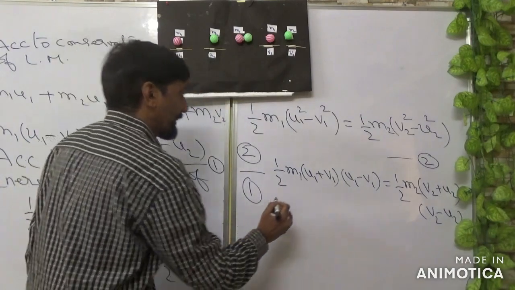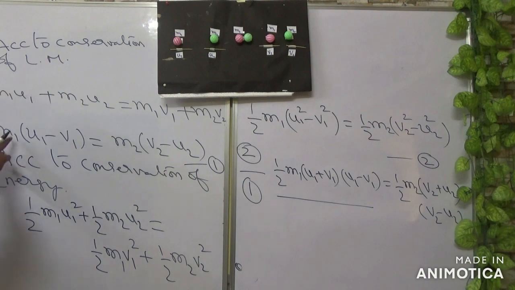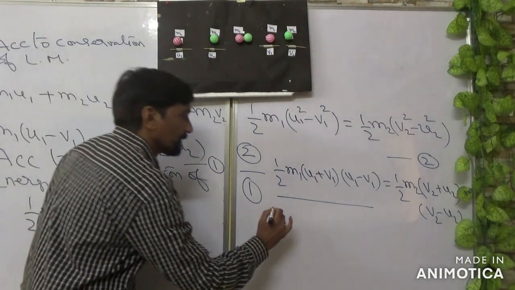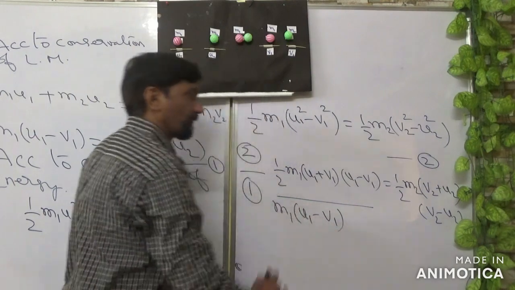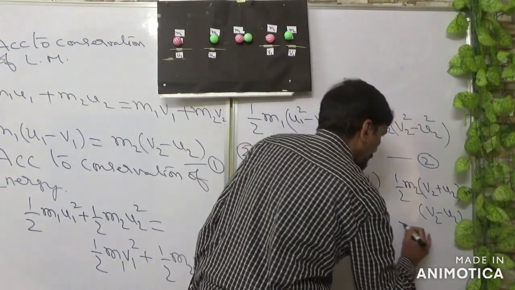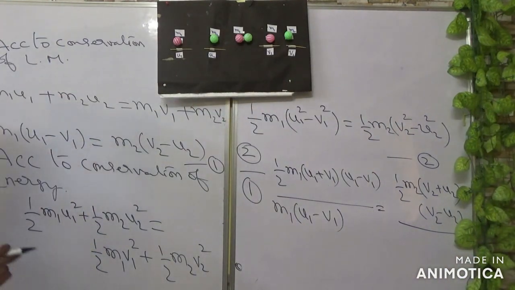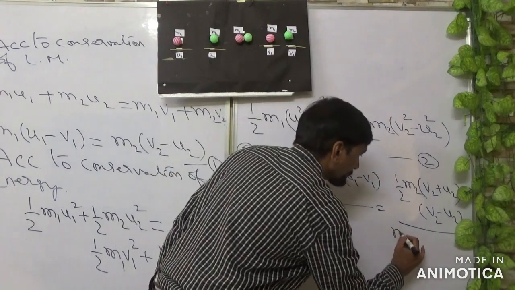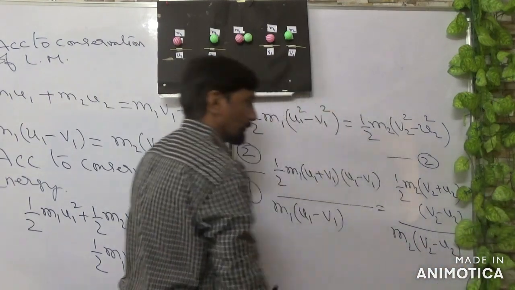Divide this by the first one, m1 of u1 minus v1 by m2 of v2 minus u2.